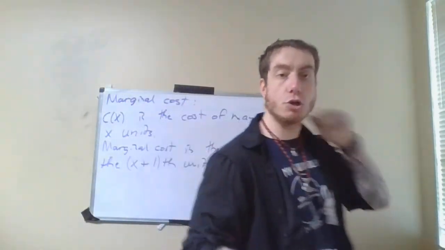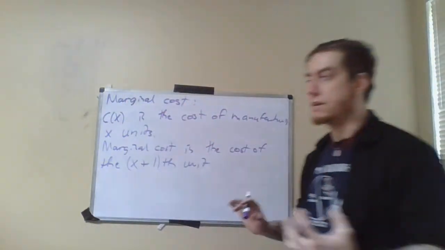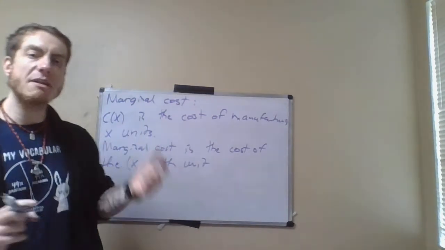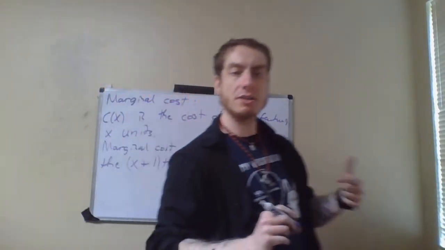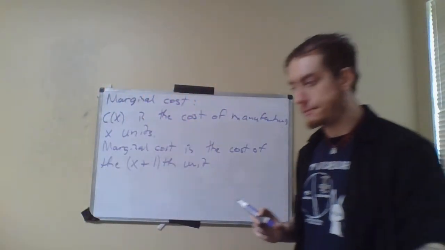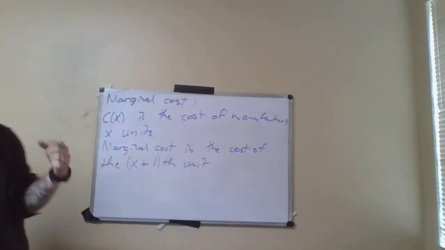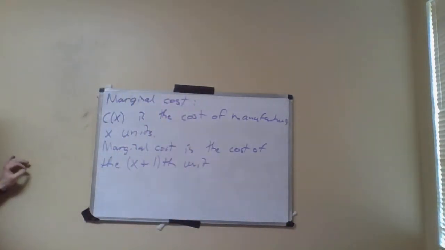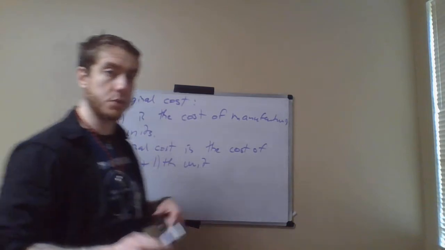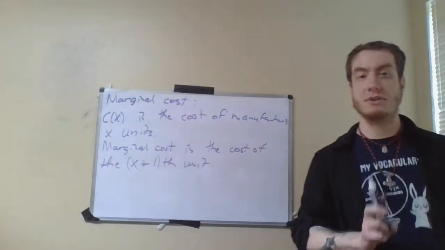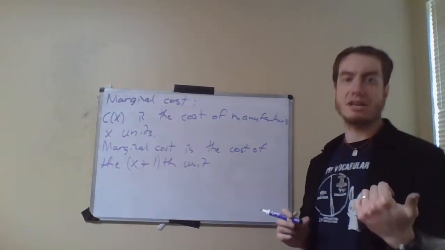So the marginal cost at 100 means if I've already made 100 units, what is the cost for the 101st? Why would this be interesting? Well, one of the reasons is something that we will see later, because it turns out that this plays a role in optimization types of questions.